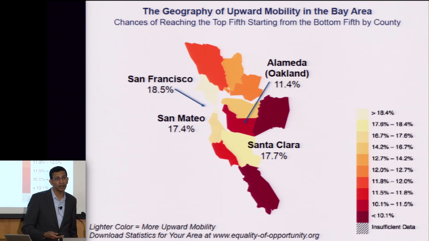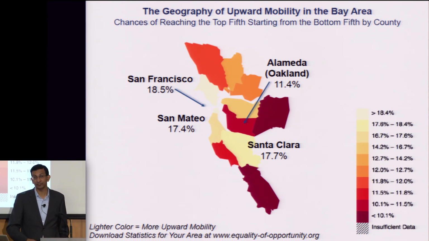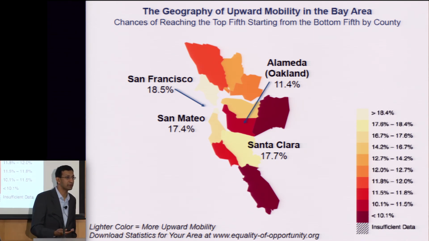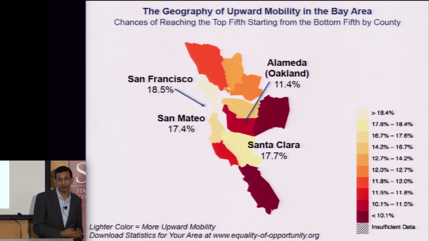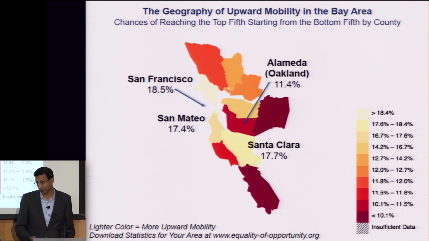So naturally, the question of interest to us as academics is to understand why upward mobility varies so much across these areas, and the question of interest to policymakers is to learn from this and figure out what we can do to improve mobility in places that don't look so good.